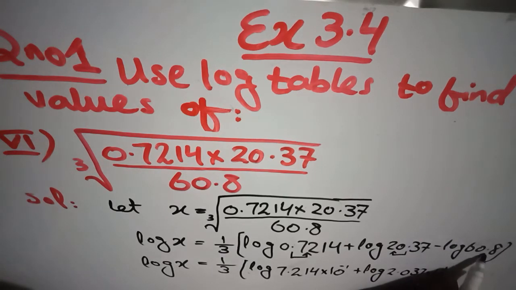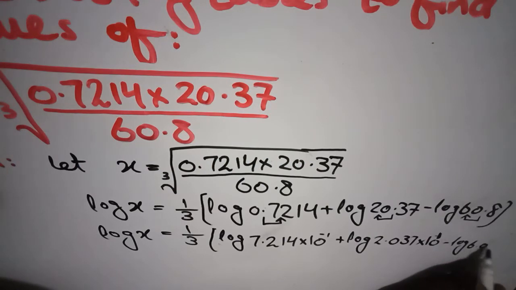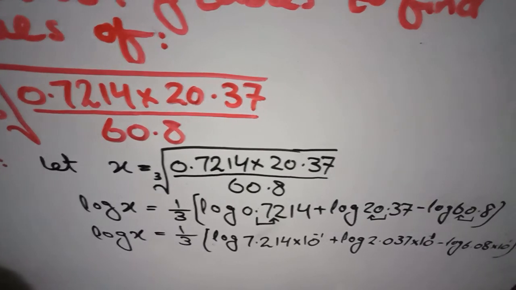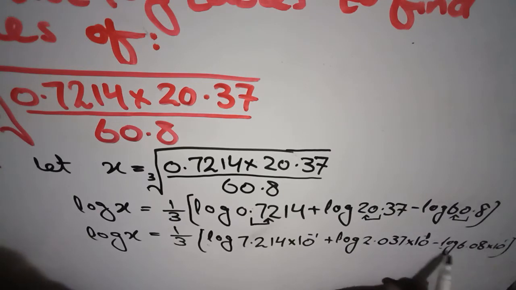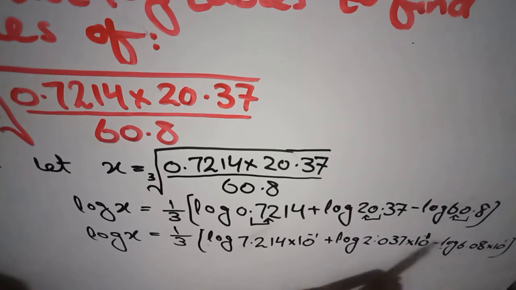The last value you will also change in form, minus log 6.08 times 10 raised to power 1. Okay, 10 raised to power 1, because the point is moving from right to left, so the power becomes positive. Similarly for this one, the point moves from right to left, so the power becomes positive.